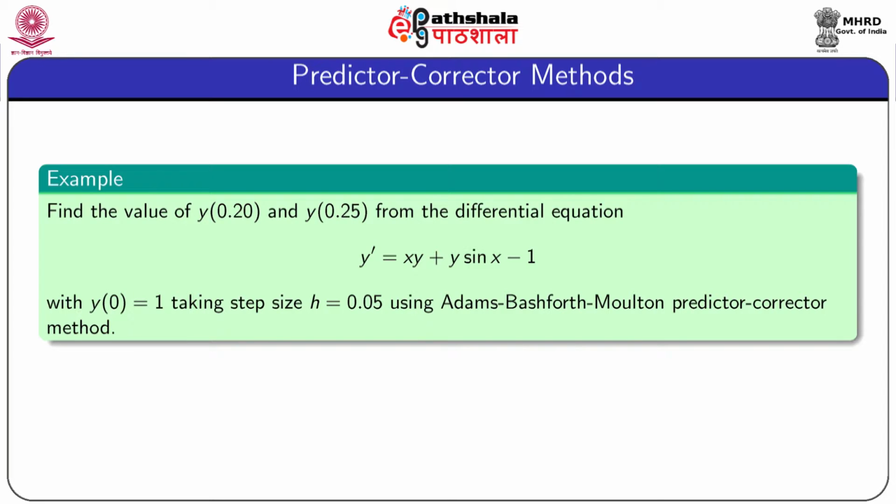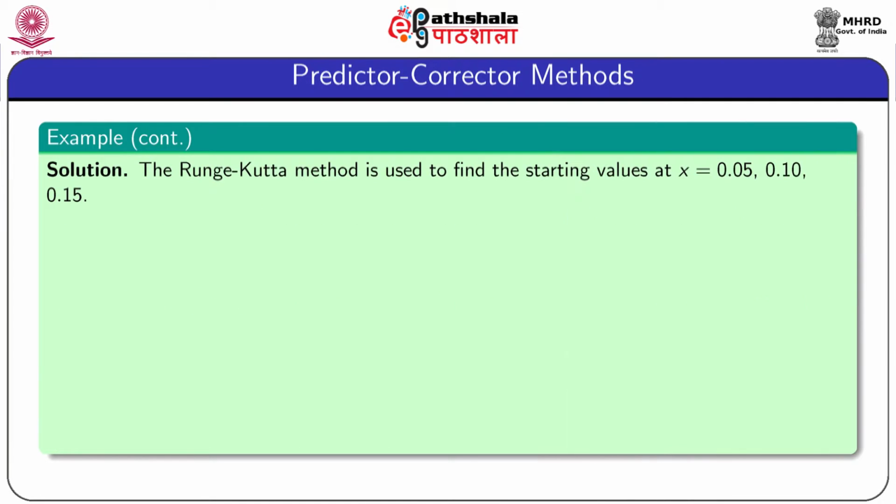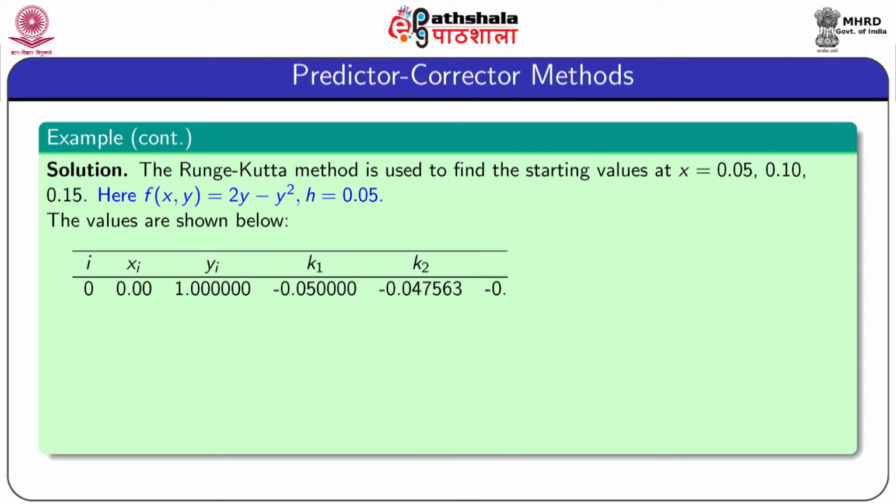We use the Adams-Bashforth-Moulton predictor corrector method. To calculate the starting values, that means the values of y at x equal to 0.05, 0.10 and 0.15, we use the Runge-Kutta method. Here the function f(x, y) is equal to 2y minus y squared and h equals 0.05.